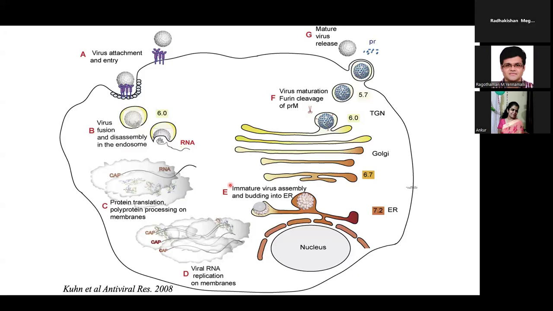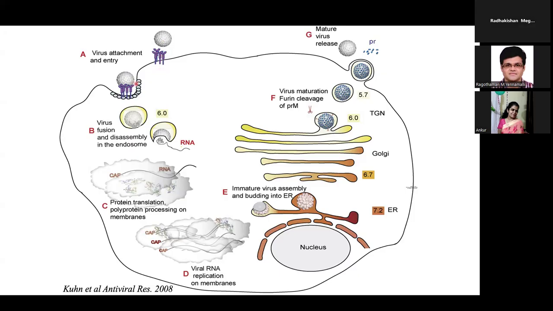Now, irrespective of the four serotypes, the dengue virus undergoes the life cycle in this particular manner, going from A to G in this anti-clockwise manner. So first, the virus, which is shown here, binds to the host receptors, and these host receptors are surface proteins that actually are signaling molecules, meaning that they can bind to something else as well as part of the normal process, and they will bind to the host receptor.